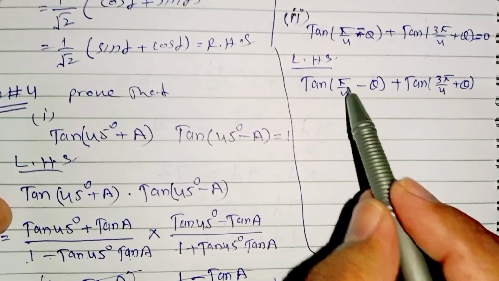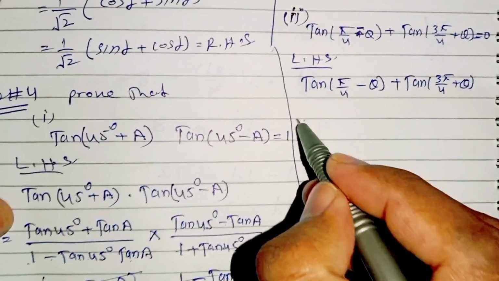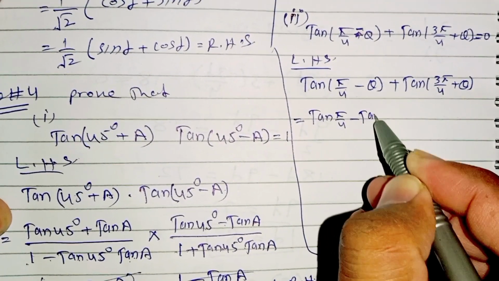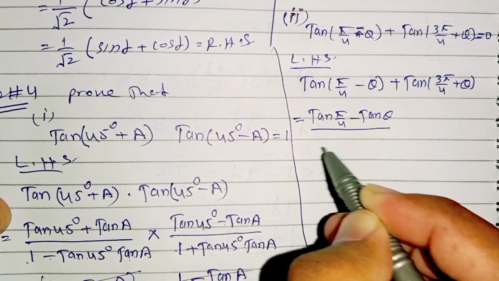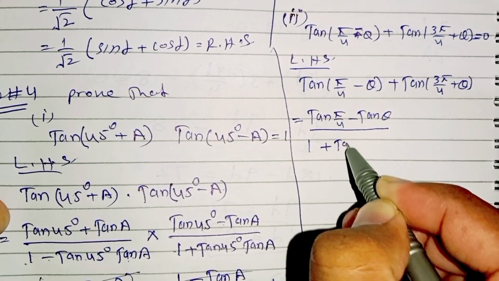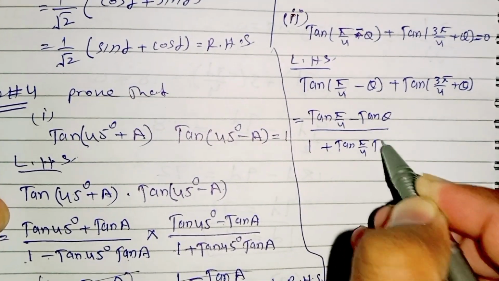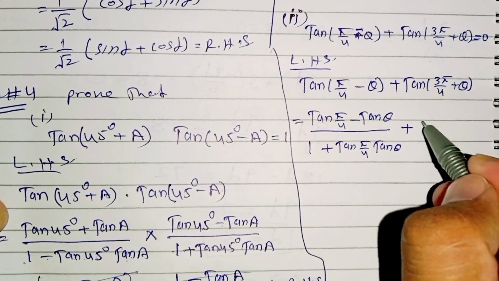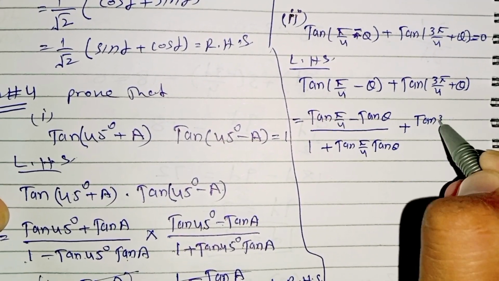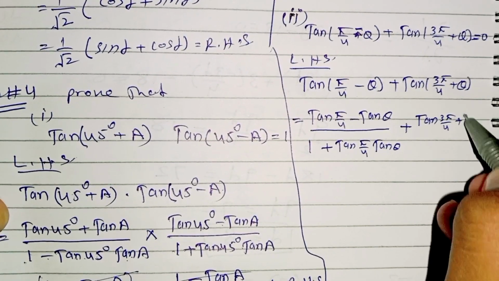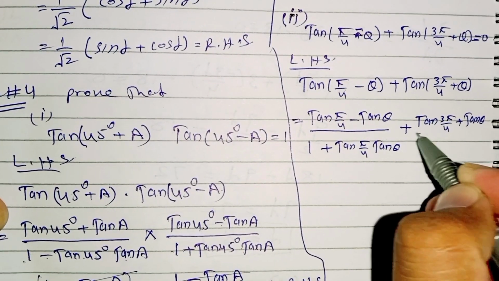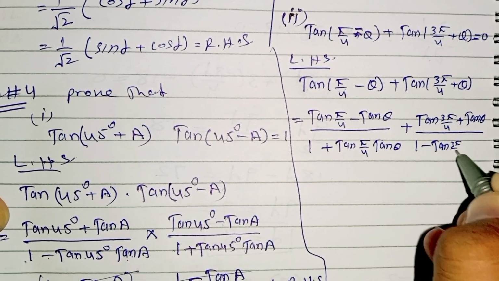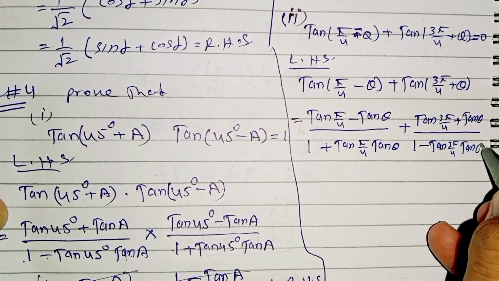By using the formula for tan alpha minus beta and tan alpha plus beta, we have tan pi by 4 minus tan theta over 1 plus tan pi by 4 tan theta, plus tan 3 pi by 4 plus tan theta over 1 minus tan 3 pi by 4 tan theta.